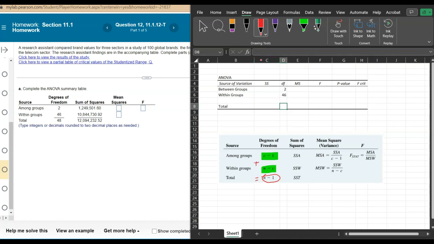And that's basically most of them like this. If I add here, I will get this. That's what the total means. In there I just type an equal sign, sum, open the parentheses, highlight the two of them and enter. Now I'm going to do almost the same thing for the sum of squares, which is this column.